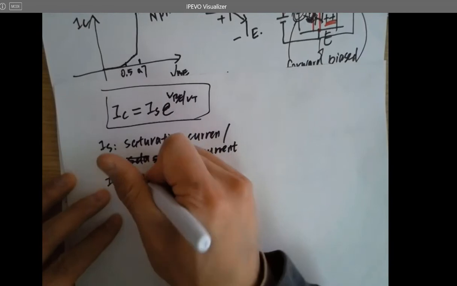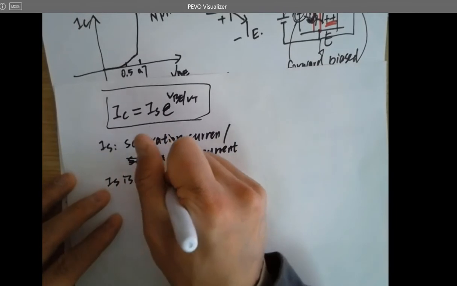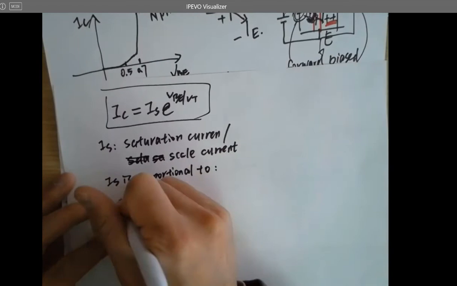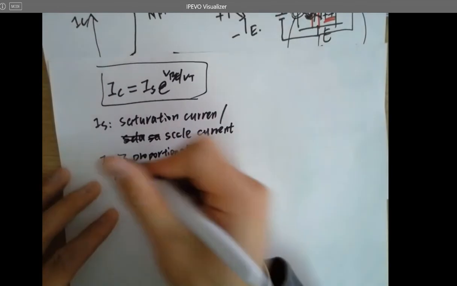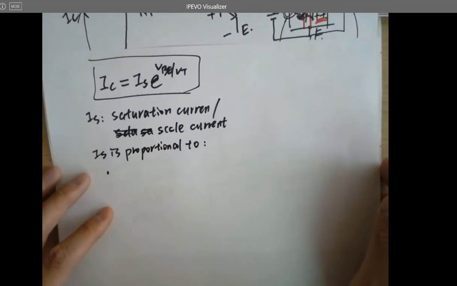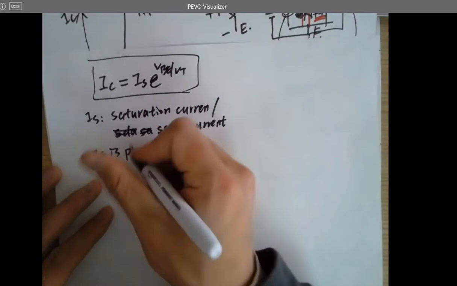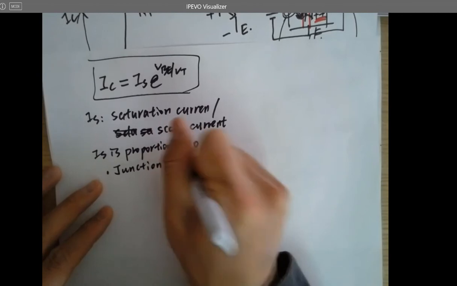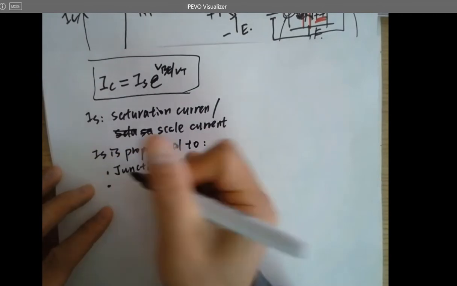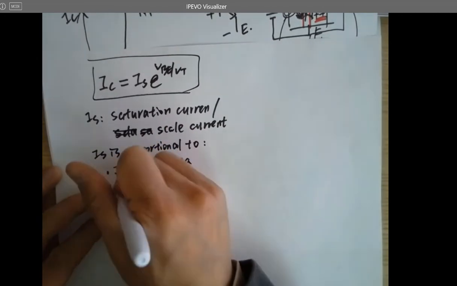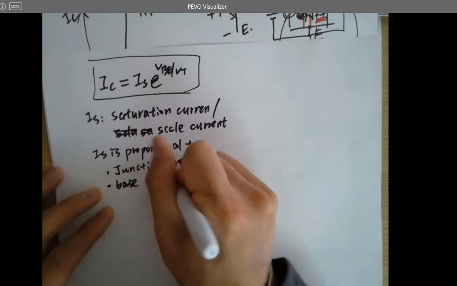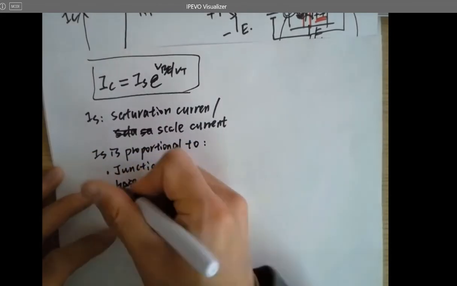IS is proportional to these three parameters: the junction area, the base width, and the temperature.